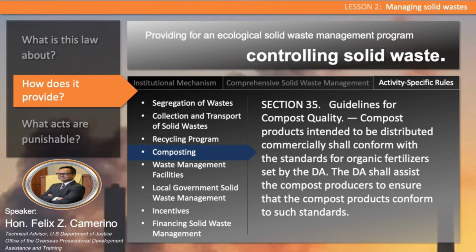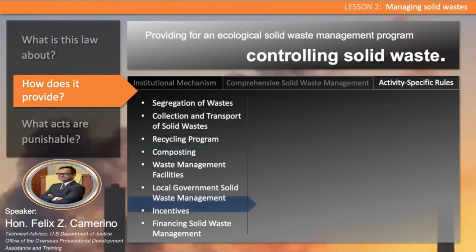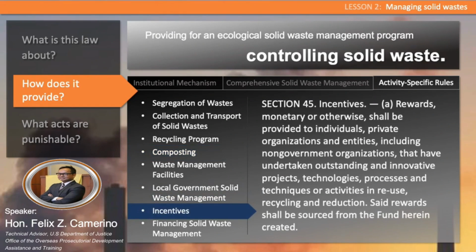This one, why don't we take a look at the one on incentives? Okay, it's a little different because it's not setting any specific rules on what you cannot do or what you need to have before you can do certain things. This one actually sets the rule on what must be met before an incentive may be granted. Okay, so section 45 talking about incentives, and it says reward.